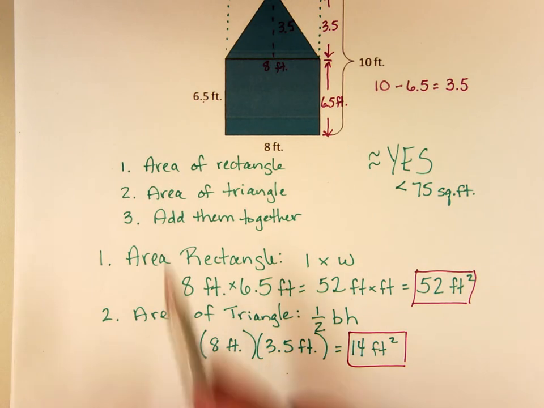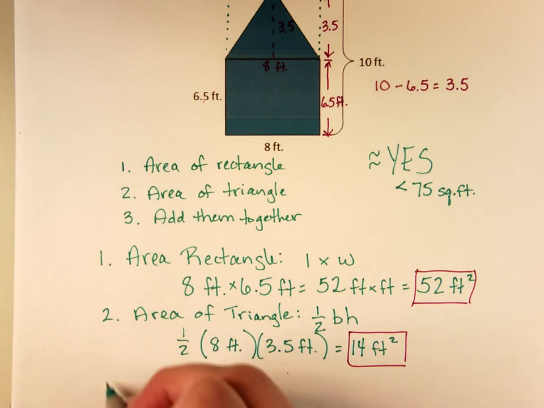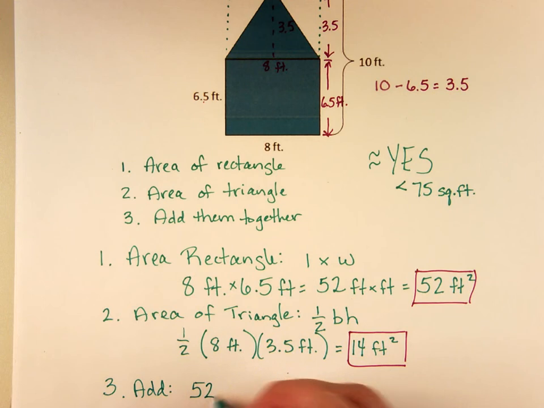My plan said I was going to add those together, so let's do that now. 52 feet squared plus 14 feet squared equals 66 feet squared. I just did that in my head.